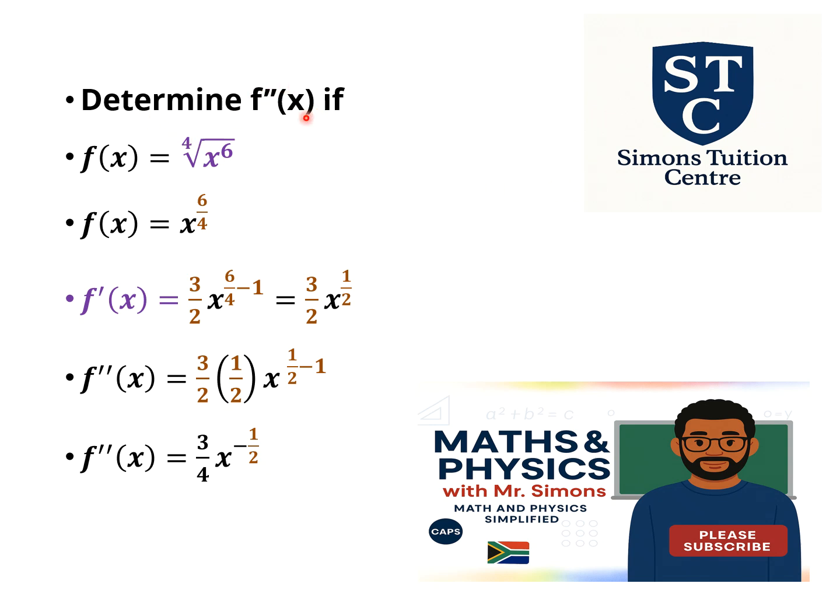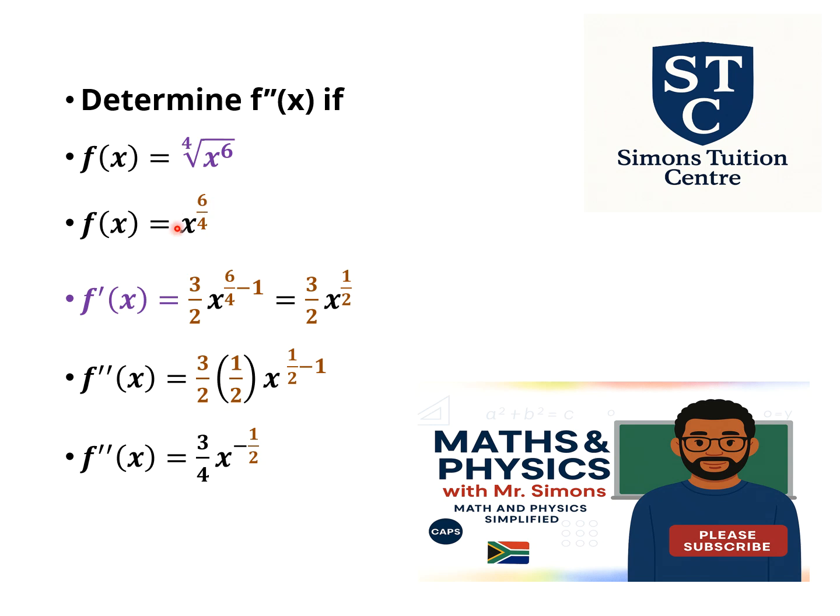Determine the second derivative, f double prime x, if f(x) equals the fourth root of x to the power 6. Written as a rational exponent, the inside exponent goes on top, the outside at the bottom. That becomes 6 over 4, which technically is 3 over 2 if we simplify.